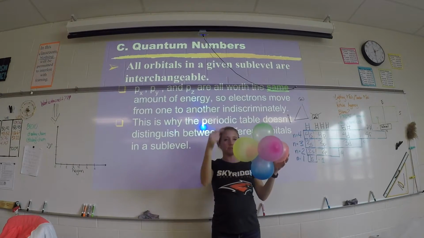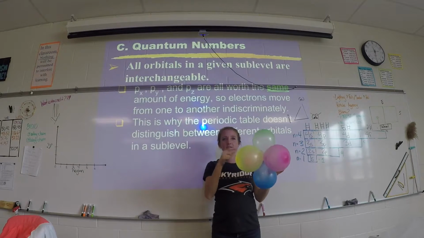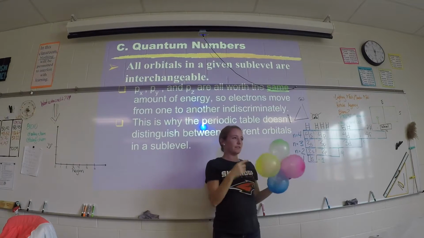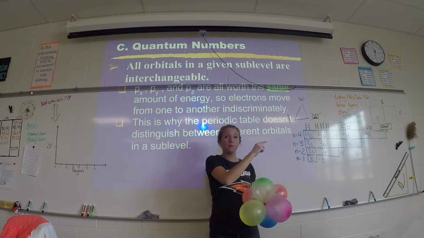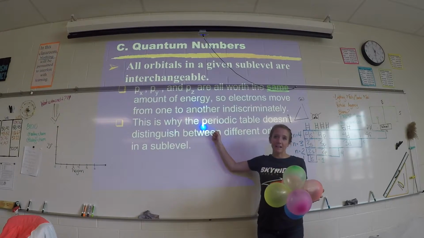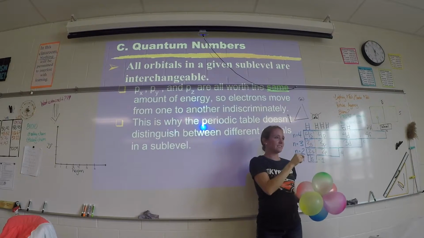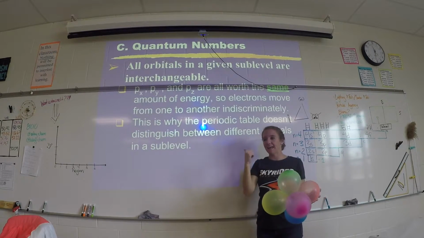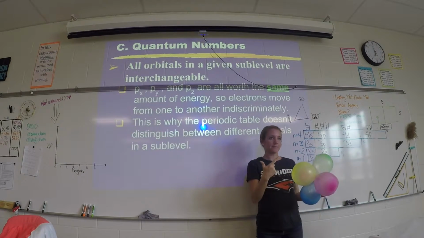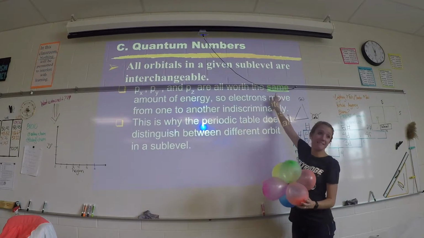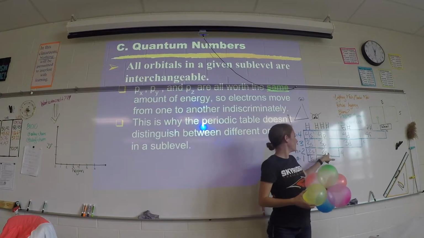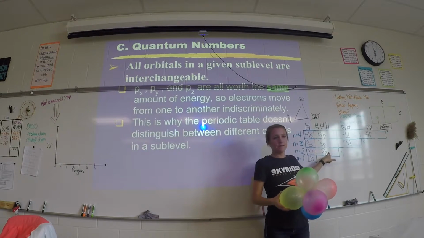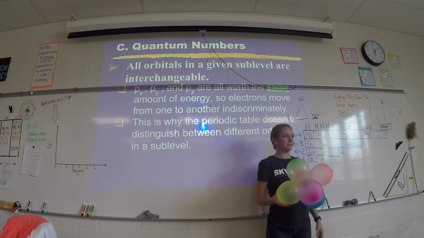They can move from the top to the bottom, they can trade partners here, and we don't know the difference. So that's why from the periodic table, we can't tell M sub S. We can only tell N and L, because they all have that same energy between the bunk beds in the same room. As long as they're in the same room, they can trade beds all they want.